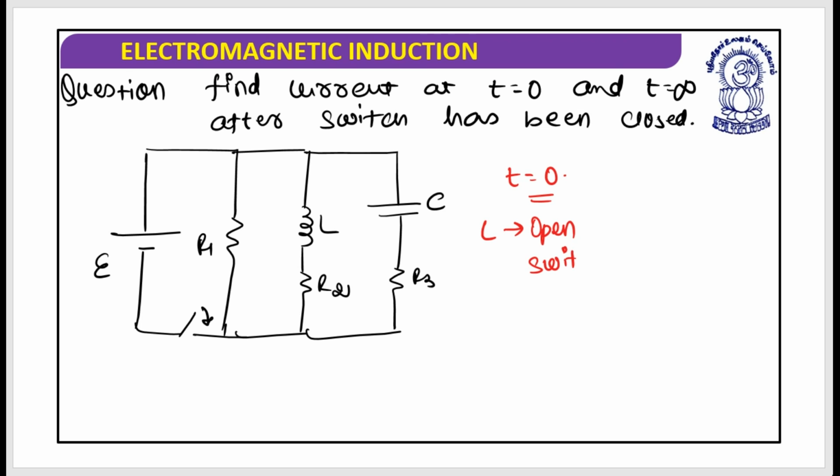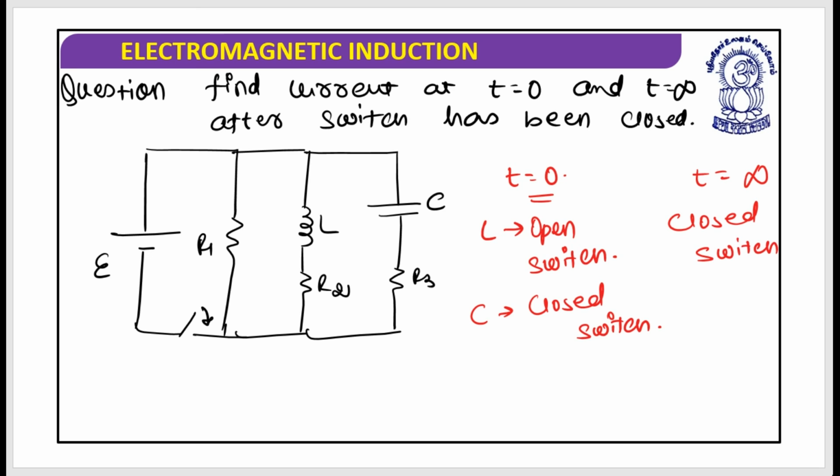And at the same time, capacitor behaves as a closed switch. But at the steady state, or I should say at t equals infinite, inductor behaves as a closed switch, while capacitor behaves as an open switch. I hope you got this. Are you sure?